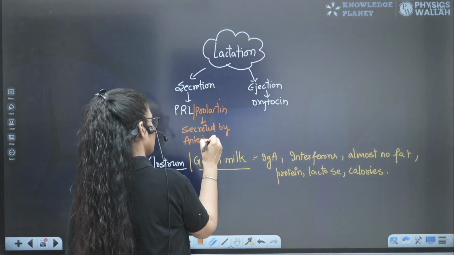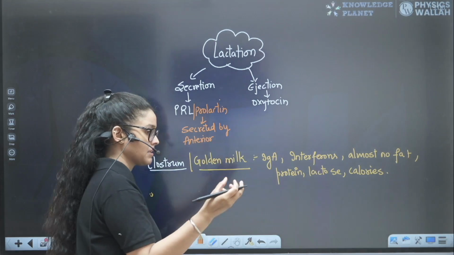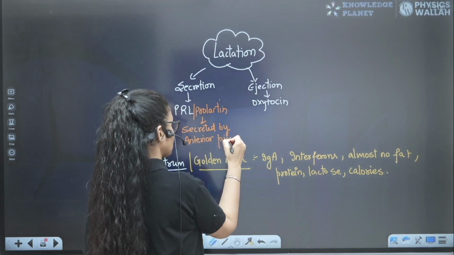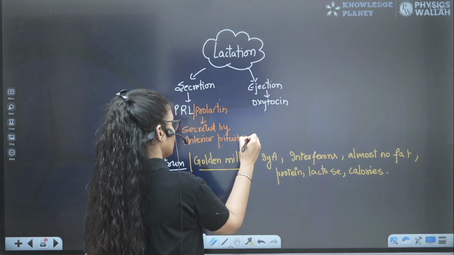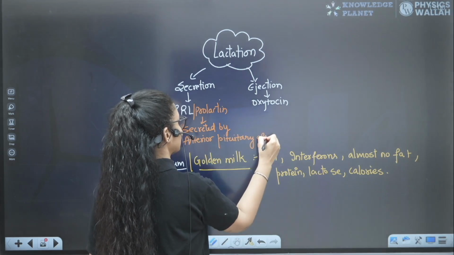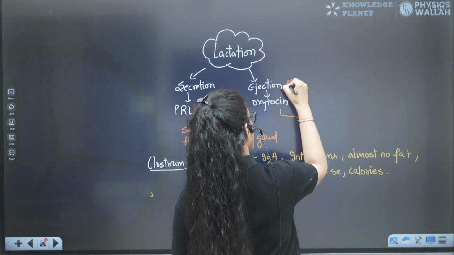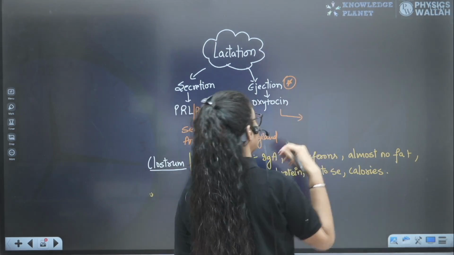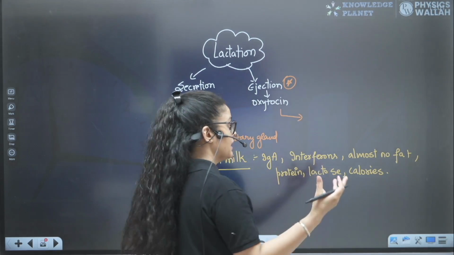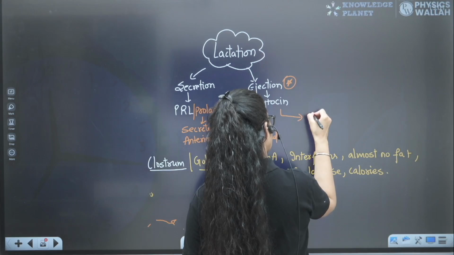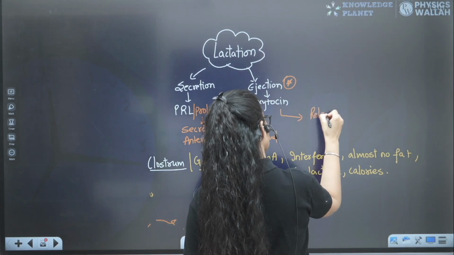So when the child is crying or sucking the mother's breast, at that time the pituitary gland is stimulated to secrete this hormone, and the mother starts secreting milk in the alveoli. And oxytocin will help in the milk ejection. You have to remember, it ejects the milk into the mouth of the baby, right? So oxytocin will be released from the posterior pituitary gland.